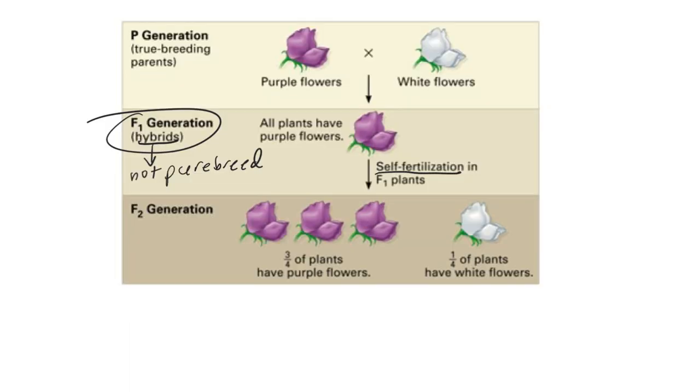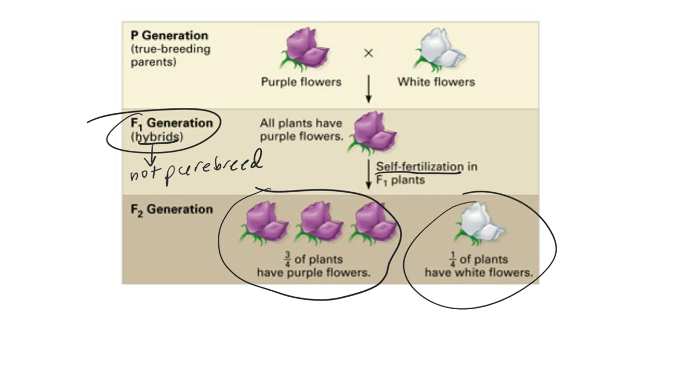Now, if you self-fertilize those F1 plants, those hybrids, what happens is, like I said, you get 3/4 being one of the traits and 1/4 of the children having the other trait. So this is a 3-to-1 ratio, phenotypic ratio.